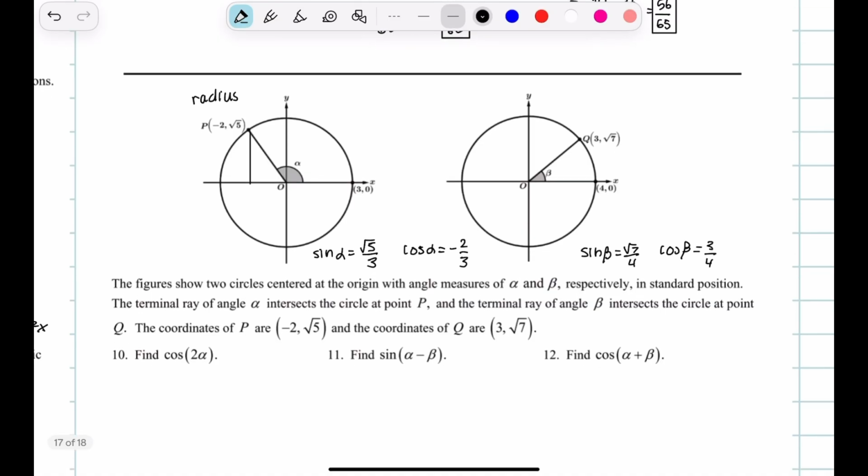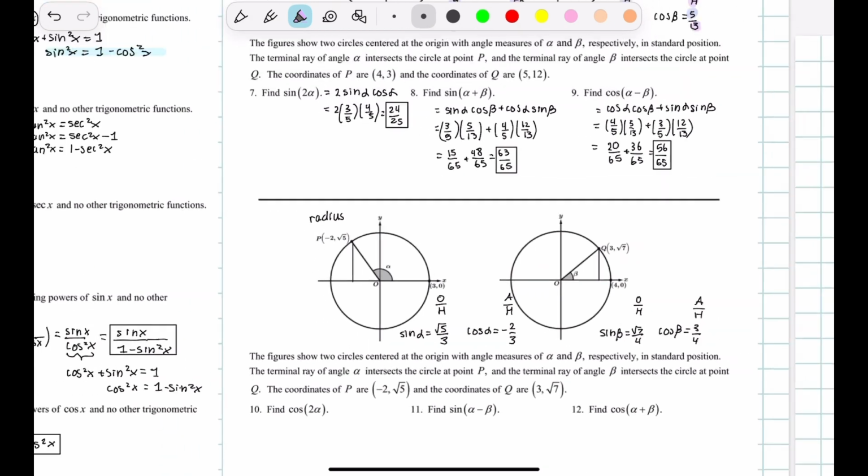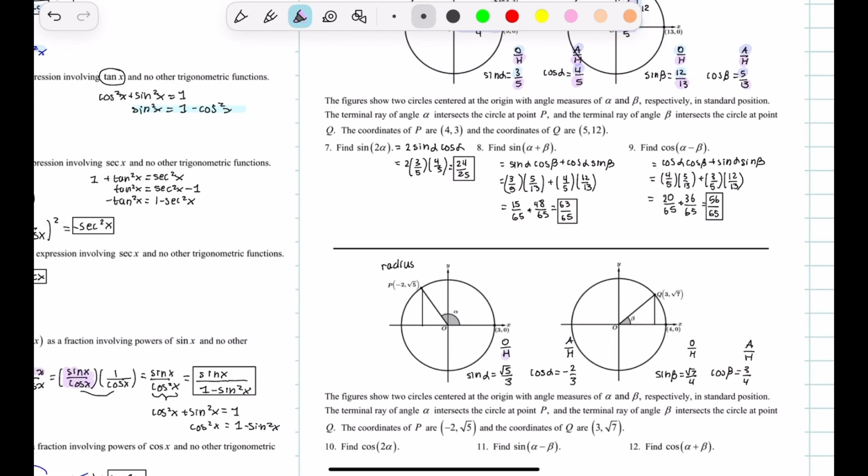So let's highlight these on the circle. Again, just write down the ratios and what they represent. Purple is for our hypotenuses.